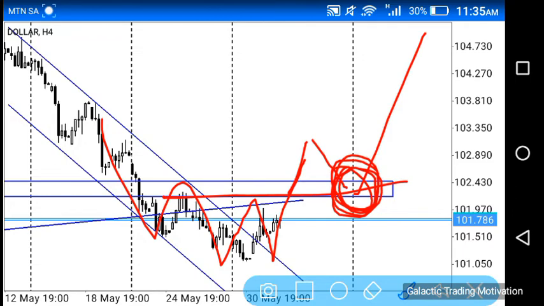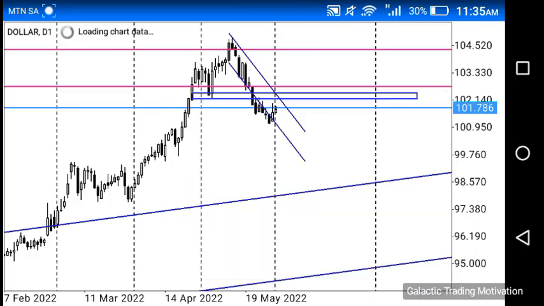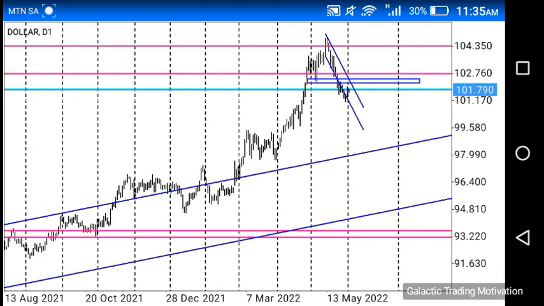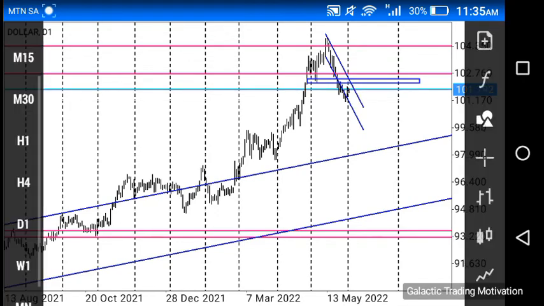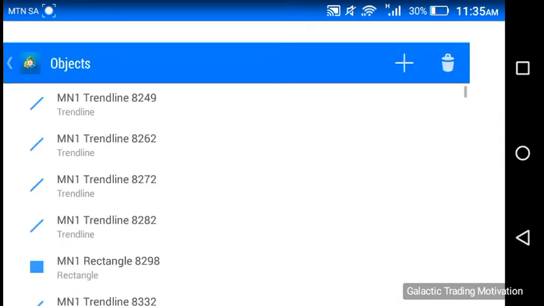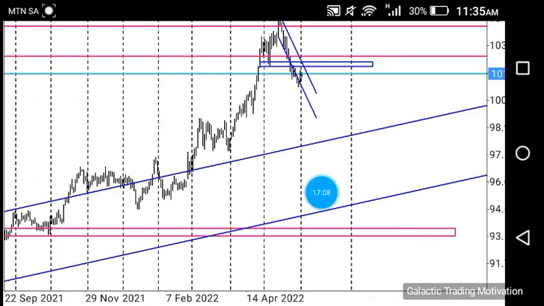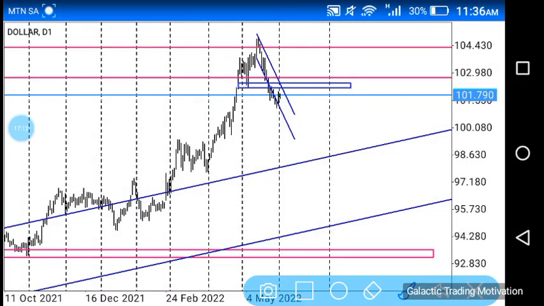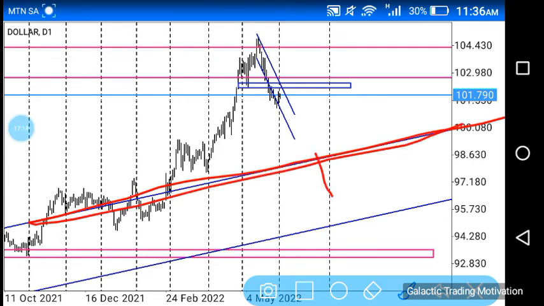So let me just go back to the daily chart just to recap a bit. So on the daily chart, we said that it's probably best to wait for price to close below this channel, and then wait for it to go back to the channel to retest it.